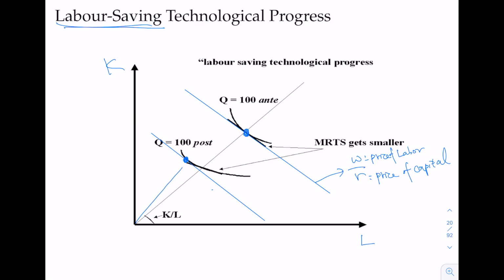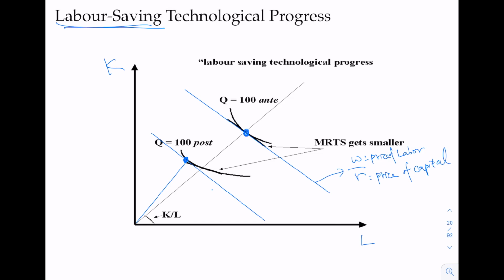So as you see here, the ratio of K to L went up. So in other words, you're using more of the capital than labor, relatively speaking, of course, because both the labor and capital usage has decreased because of this technological progress, but the ratio has changed. So you're using less labor compared to capital than before, right? So in that sense, this is a labor saving technological progress. In other words, capital can somehow substitute a little bit for the labor.